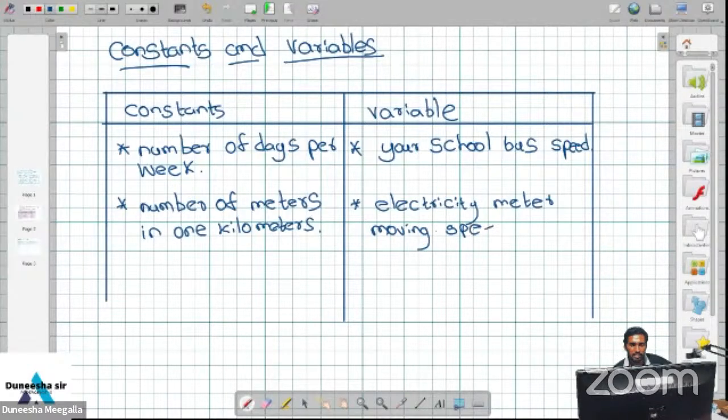Is it a constant? ඔයාලා ගෙදර light ගොඩාක් දැම්මම මේක වේගෙන් කැරකෙනවා නේද? It's moving fast when you turn on many bulbs and much electric equipment. Okay, it's a variable. Okay.